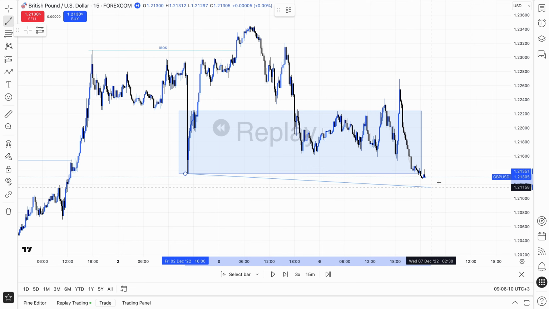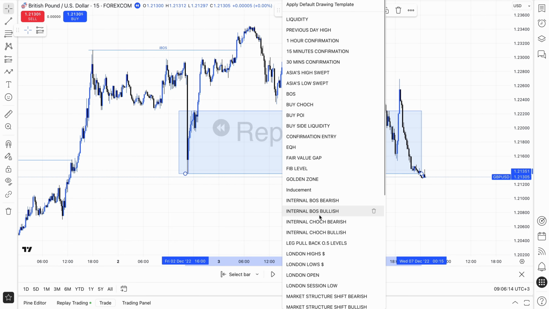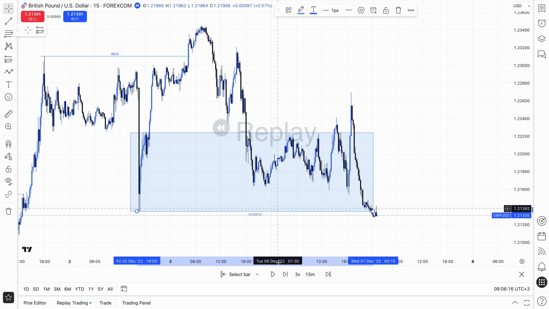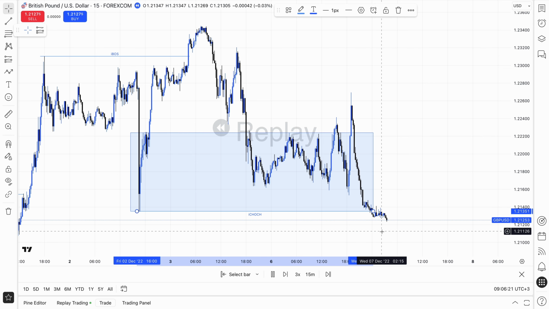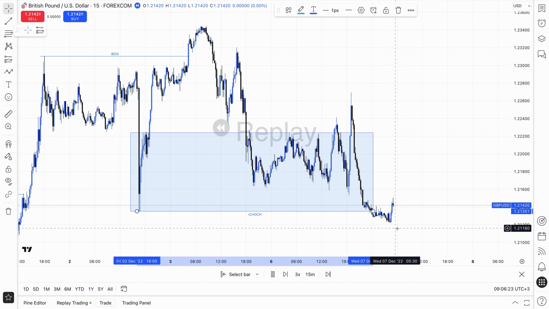Then you have our change of character, internal structure. Need to wait for London to open.